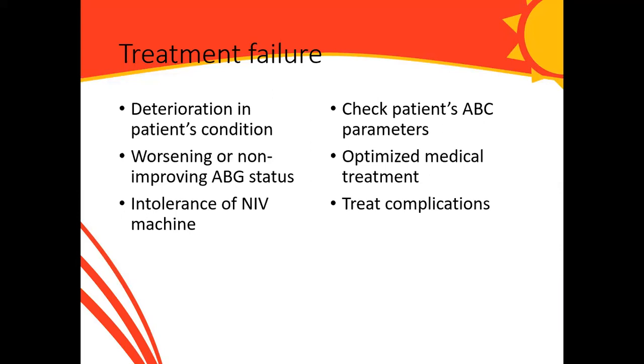For instance, if the patient has pneumonia, you want to give antibiotics to ensure that medical treatment for this patient requiring NIV has been optimized. And there are other complications, just like any medical procedure. You want to look out for any complications and treat them.